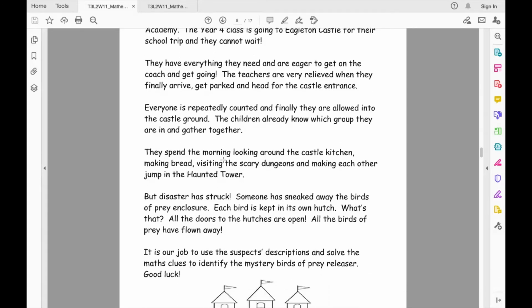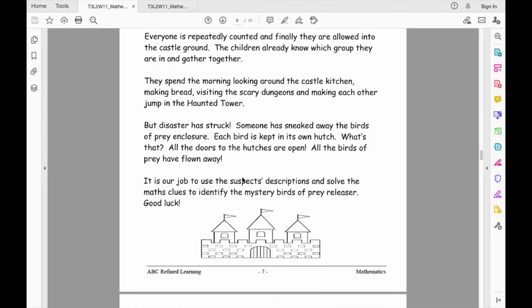They spend the morning looking around the castle kitchen, making bread, visiting the scary dungeons, and making each other jump in the haunted tower. But disaster has struck. Someone has sneaked into the birds of prey enclosure.